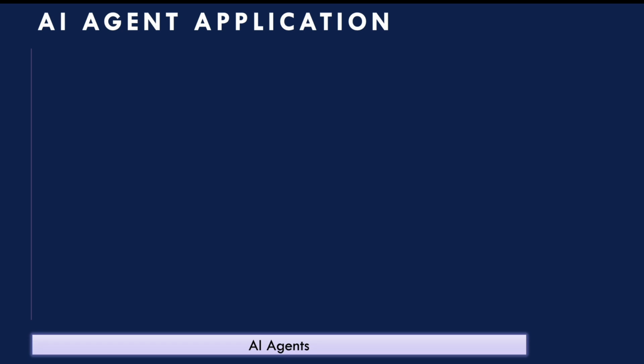Now let's look into what the AI agent application looks like, what it can do, what all orchestration and processing it has to do. Assume this is an AI agent application, capable of doing the task autonomously based on the instructions I give or any third party application's instructions.